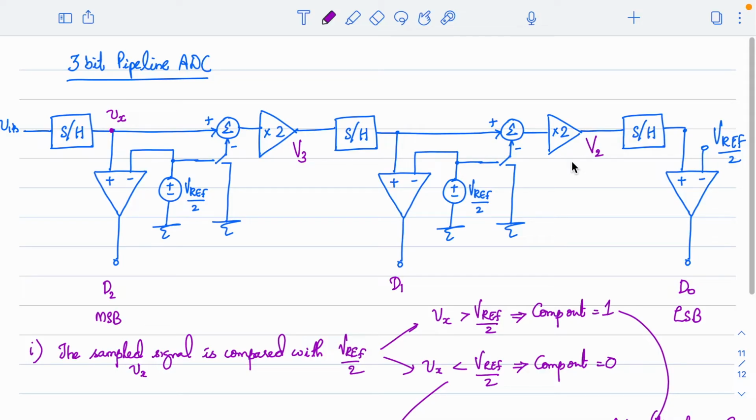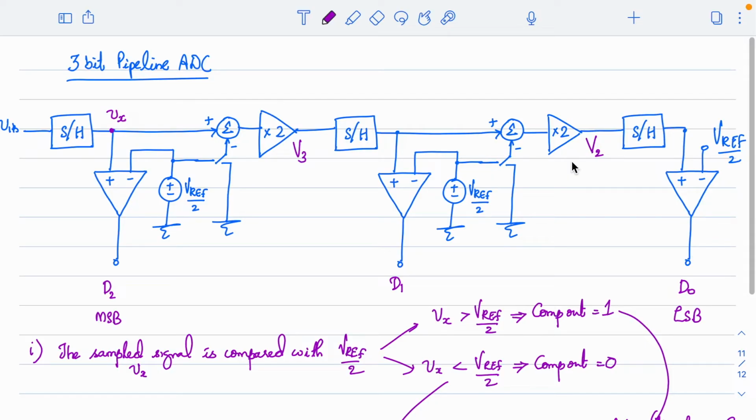So even though it has high throughput, there is an initial latency of at least n clock cycles. Say, if you have a 10-bit ADC, you have to wait for 10 clock cycles to get the first output, because one conversion will be completed per clock cycle.